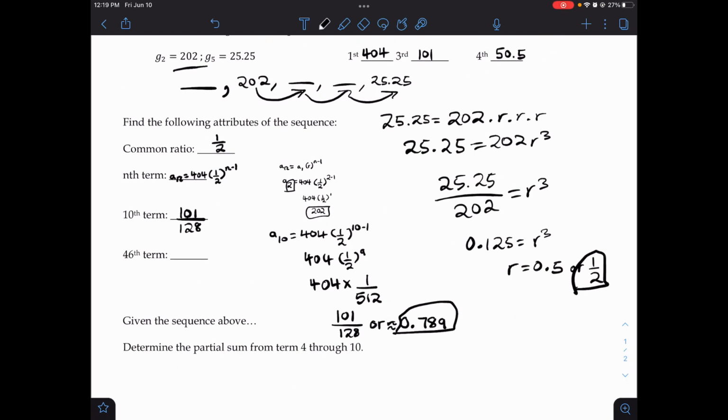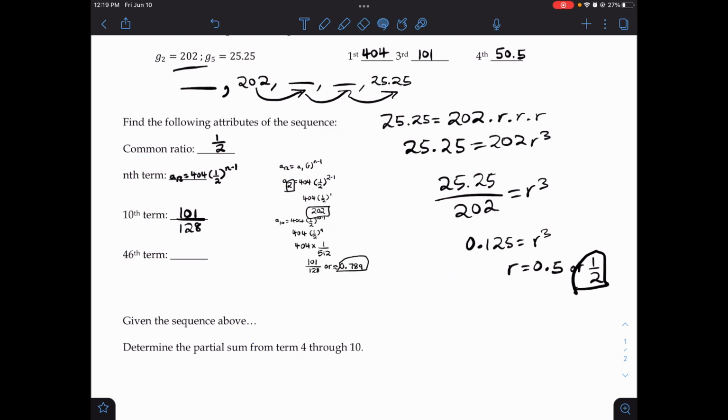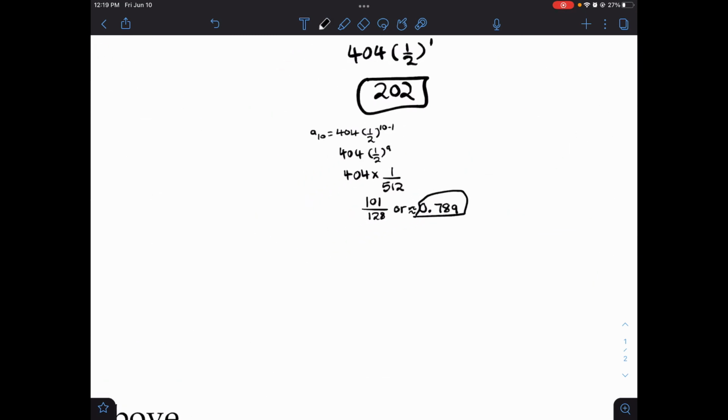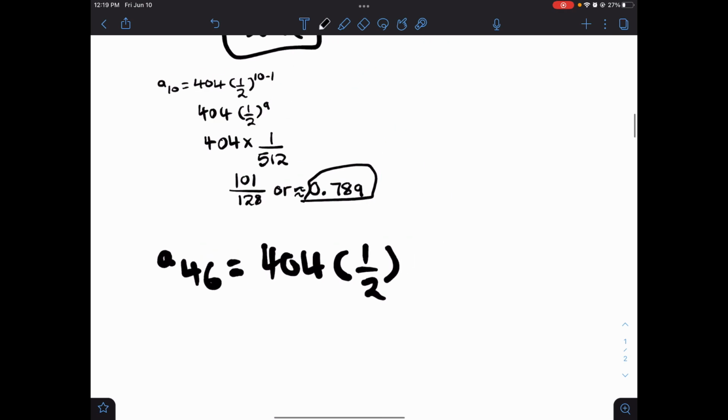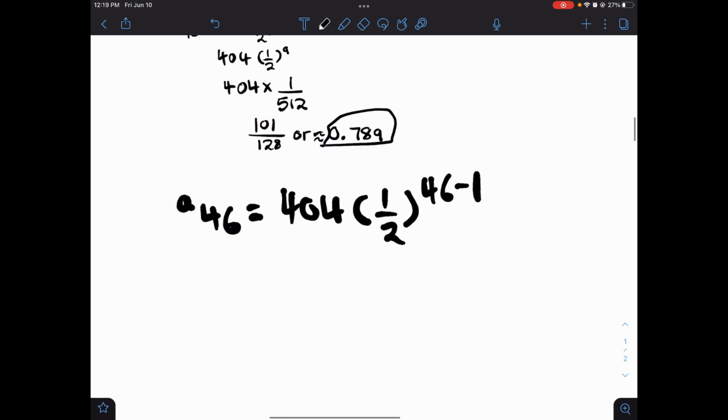Now to find the 46th term, we do the exact same thing we did here, but we plug in 46 instead of the 10. So a sub 46 is equal to 404 times 1/2 to the power of 46 minus 1. So we get 404 times 1/2 raised to the power of 45.